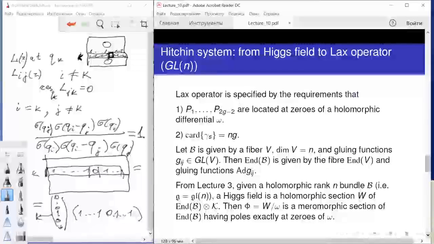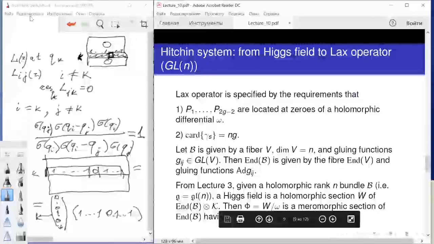I mean that there is a local trivialization and a gluing function which identify fibers over the intersection of any two open sets of this trivialization with numbers i and j. So let me recall the picture.